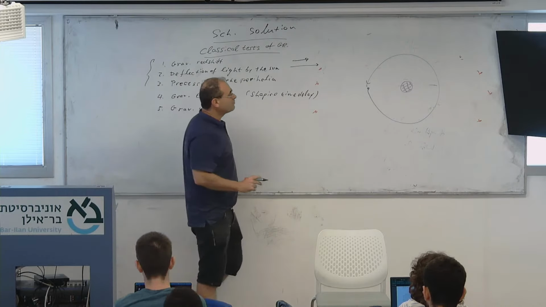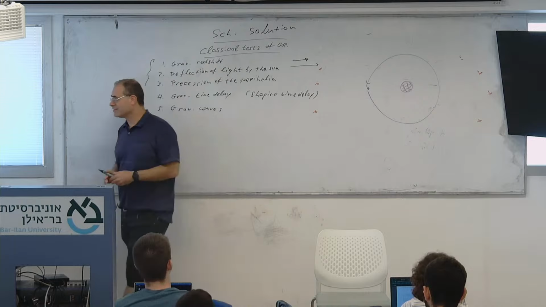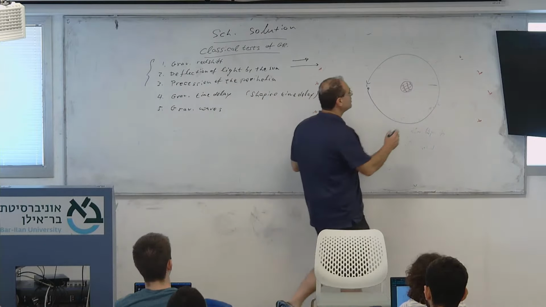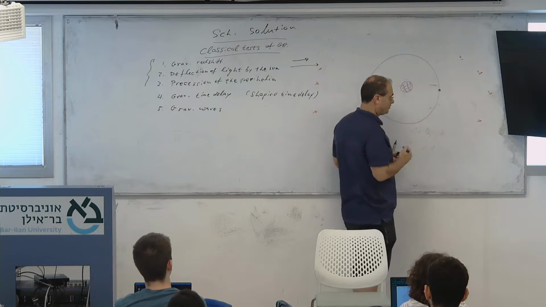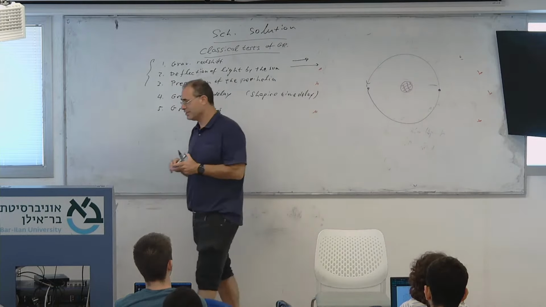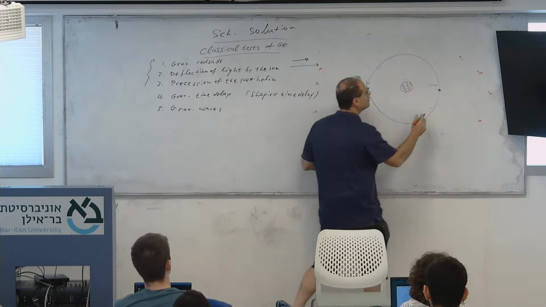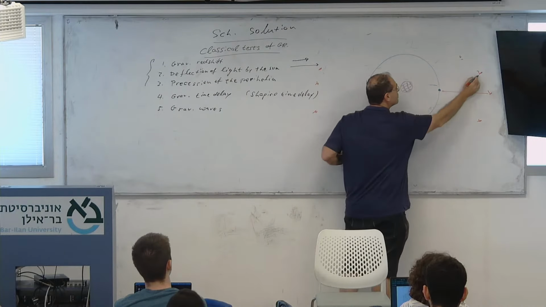Now, what is deflection of light? What does it mean? If you are here in the winter, let's say, and you look at the sky, then light will go in a straight line.